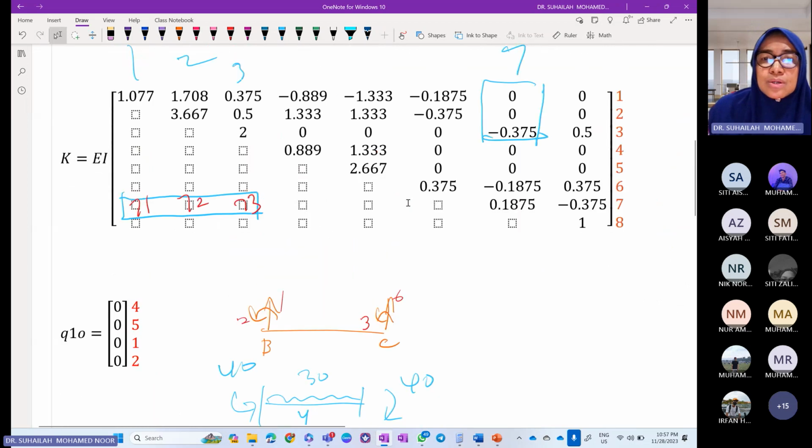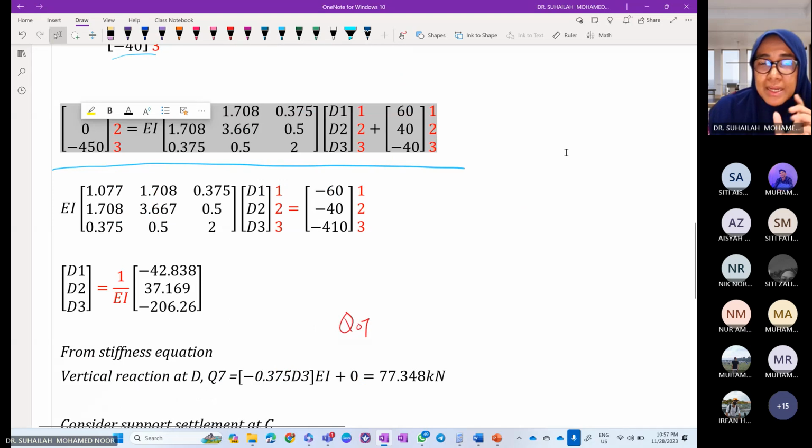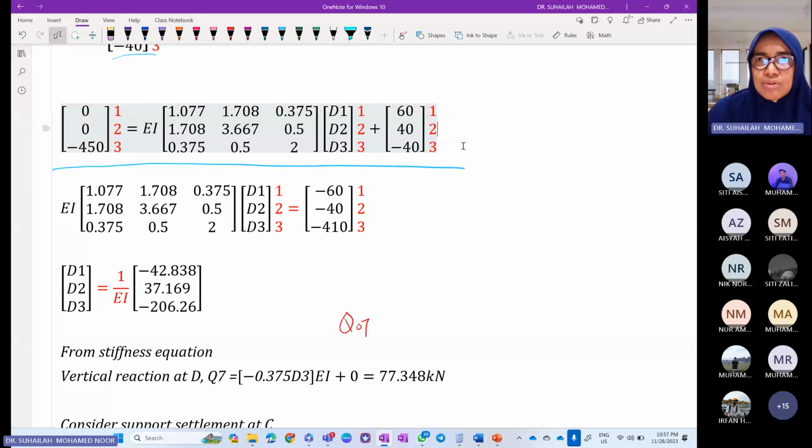Okay. So yang kita dapat macam ni tadi. Kita dapat macam ni sebab D4, 5, 6, 7, 8 is 0, no settlement. Kenapa dia tinggal macam ni? Sebab D4, 0. D5, 0. D6, 0. D7, 0. D8, 0.